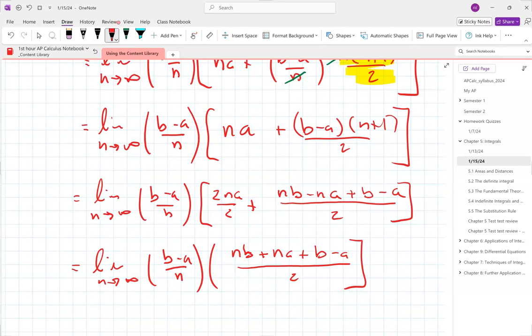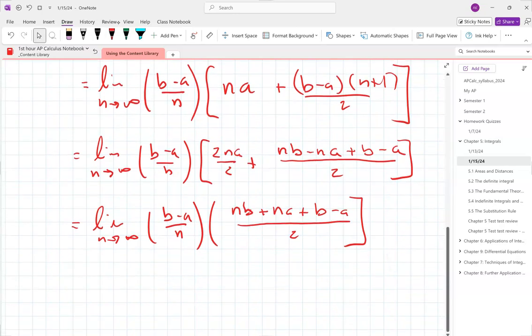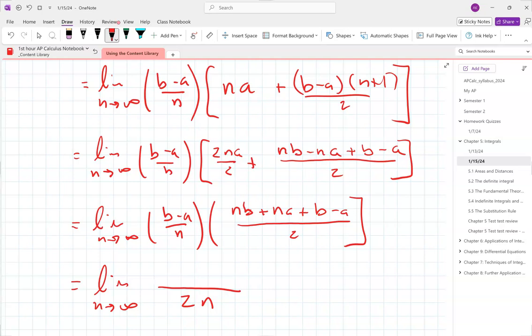So far, so good. And I'm going to now multiply those two fractions together. So the denominator is easy. That's just 2n, right? But then I have to do like a fancy FOIL here.